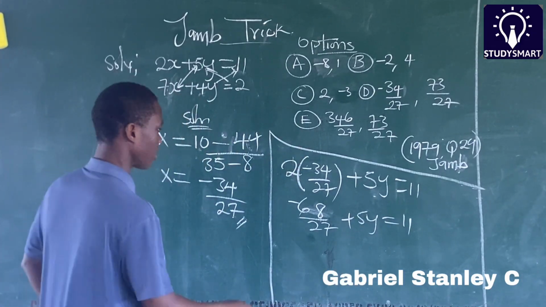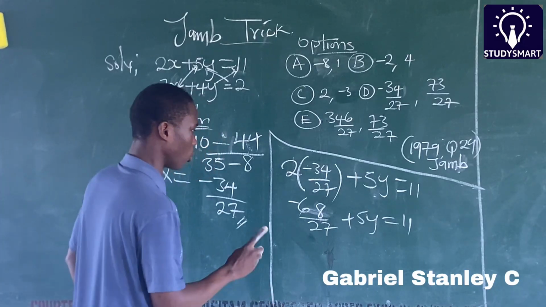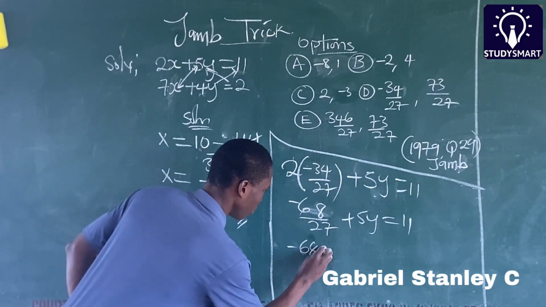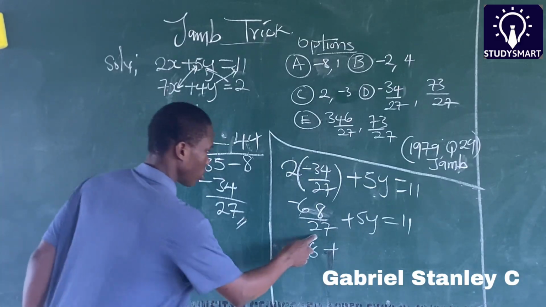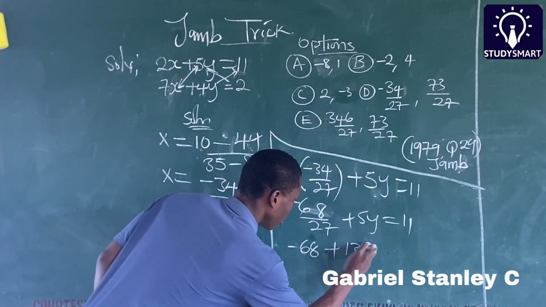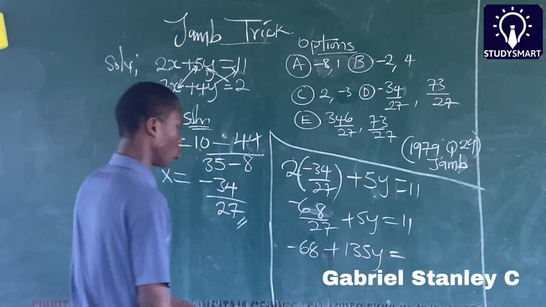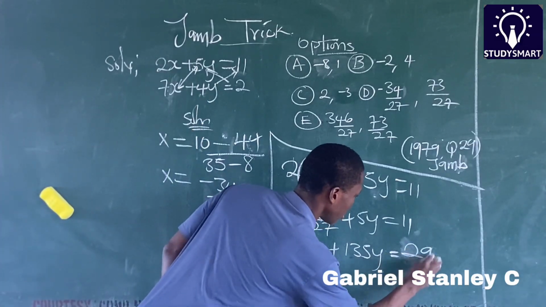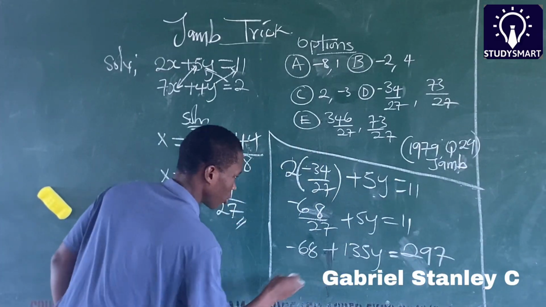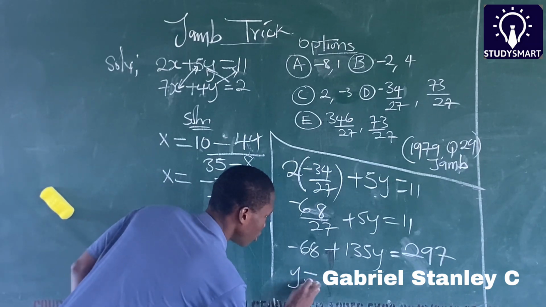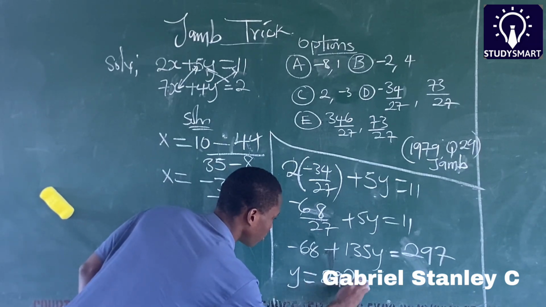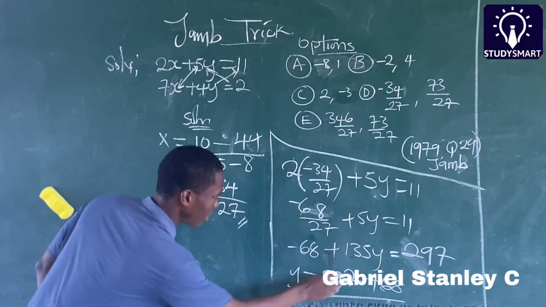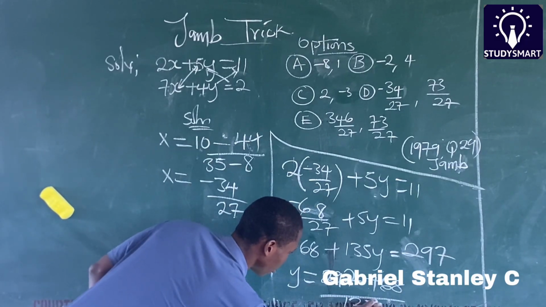So when you do that, when you collect LCM, you have minus 68 plus 27 times 5 gives you 135y equal to 27 times 11 gives you 297. So if you make y the subject of the formula, you have y equal to 297, then this becomes plus 68, then divided by this 135.